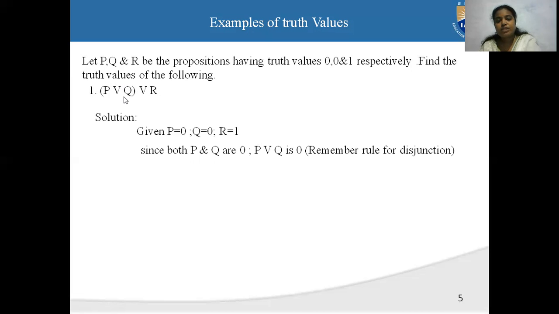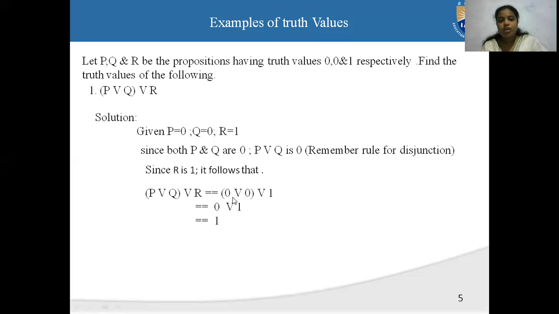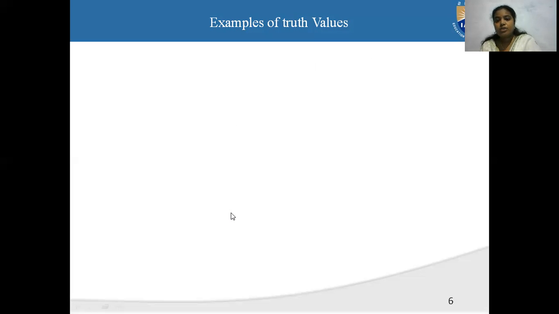It does not follow false follows false, so the value will be 1, since the or is 1. So 0 or 0 means 0 because false follows false, and false follows true means true. So the truth value of the given expression is 1.